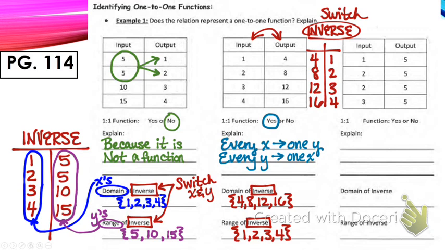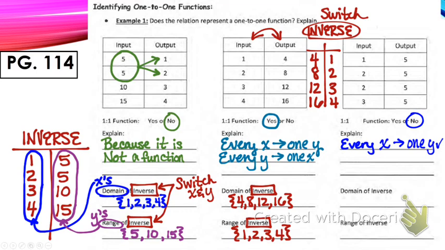Last table, was this one 1 to 1? No. Why not? Because every x does not only have one y. Close. Every y doesn't have. Yeah, every x has one y. That is true. Every x goes to one y value. There's no x's on that table that go to 2 different y values like on that first table.